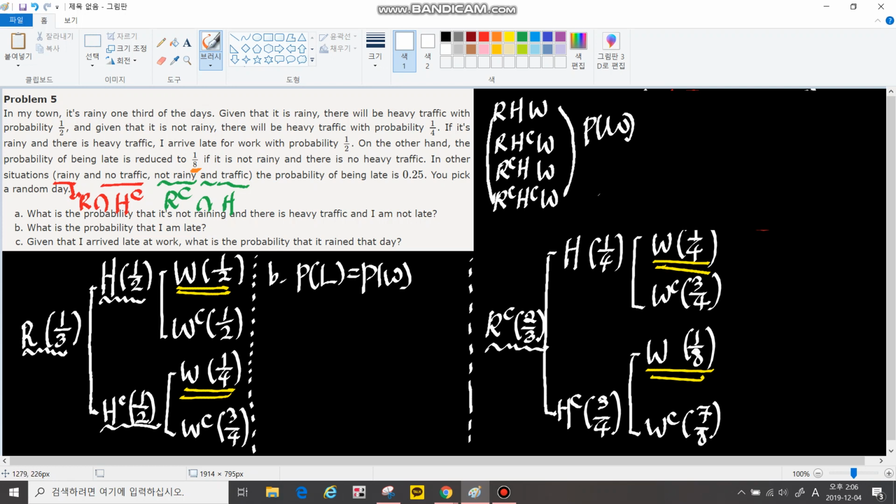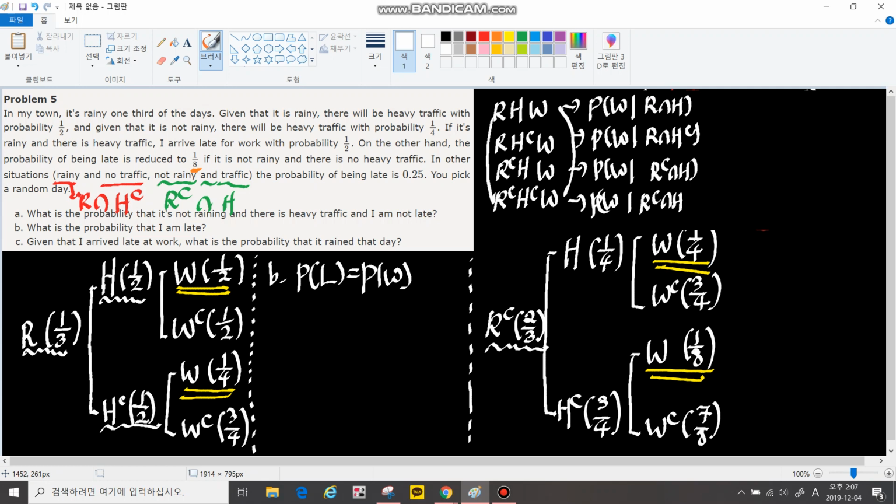Let me explain why this is the case. First of all, these are all given this way. PW given that it rains, and then PW given this, and then PW given this, and then PW given this.